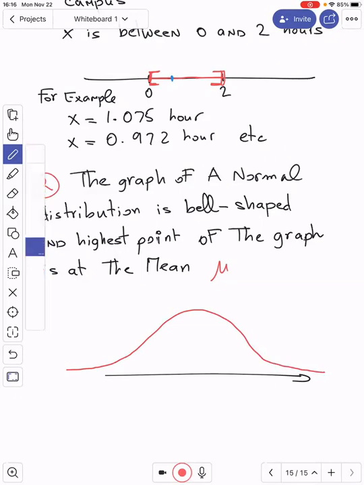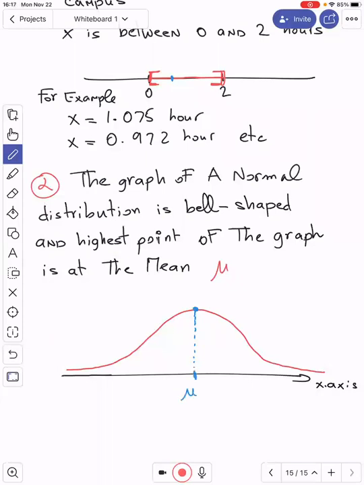Of course, the horizontal axis is the x-axis, right? And the highest point of the graph is going to be at the mean. So here you have the mean.